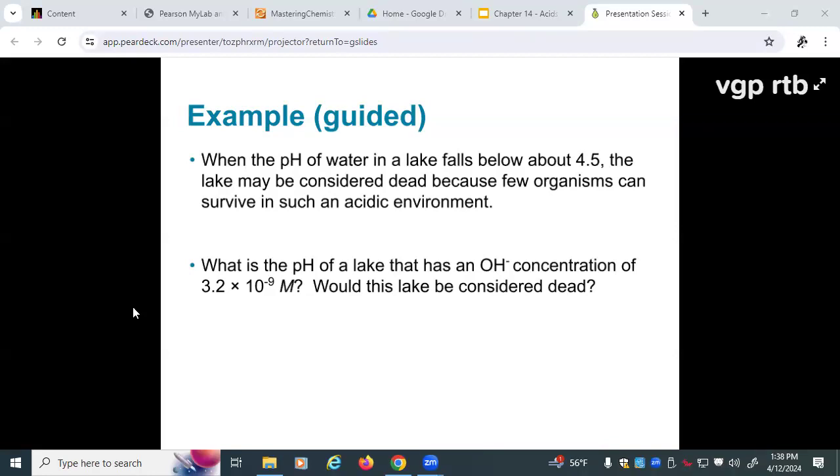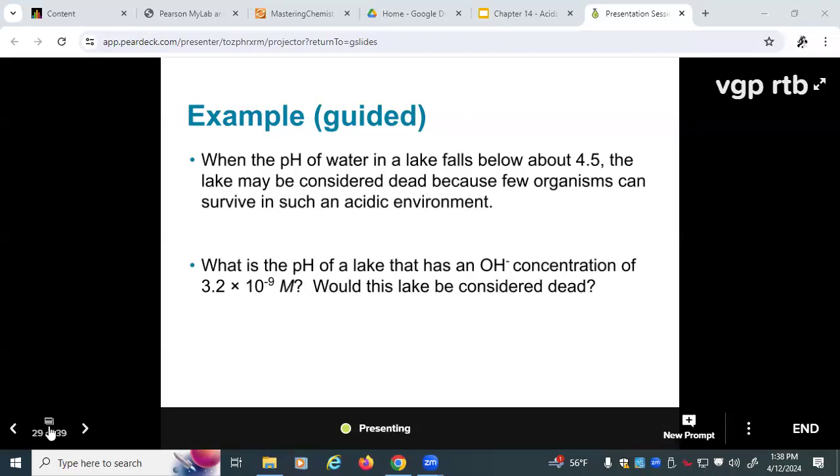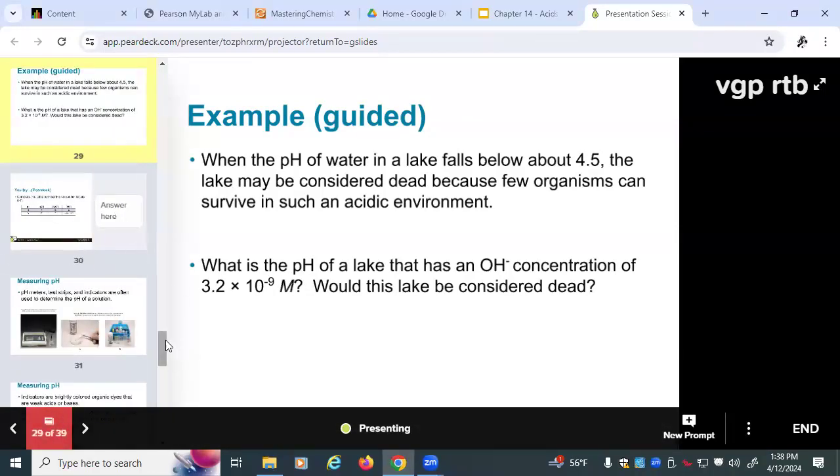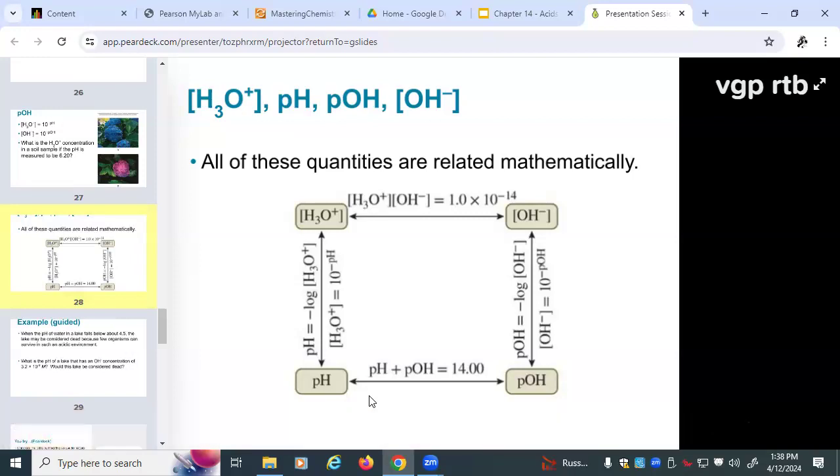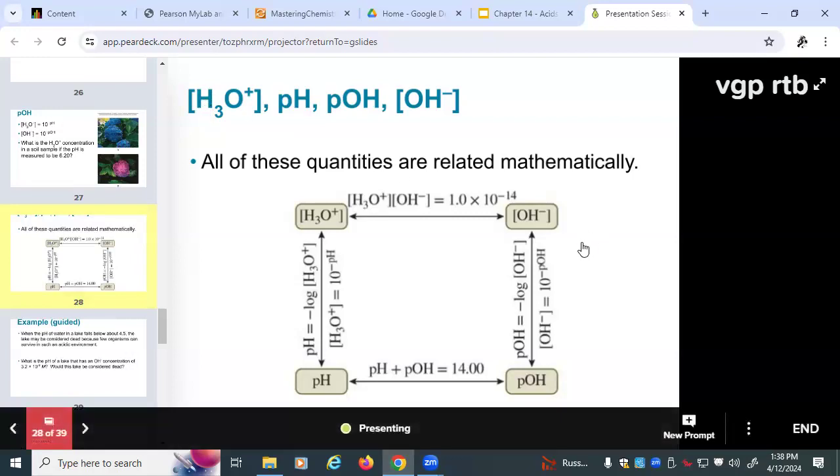Now, to answer that question, ultimately what we are doing is we are being asked to connect hydroxide concentration to pH. If we look at our calculation box here, we can see that there are 2 ways that we can go about doing it. One way would be to turn the hydroxide into hydronium, and we've done that calculation a number of times.